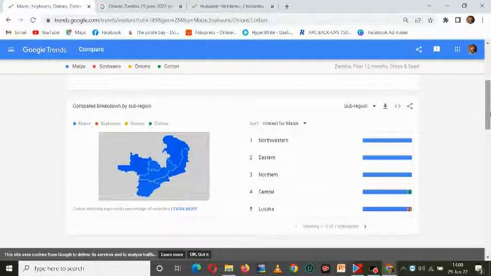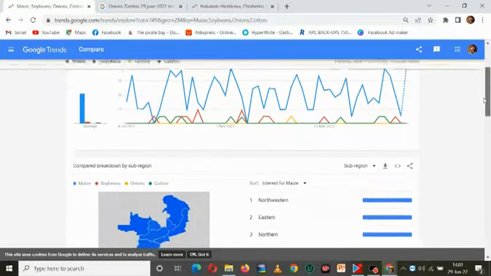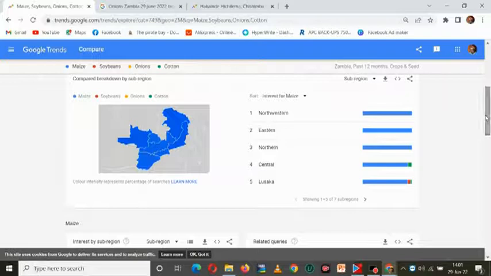And if they're interested in that, it means they want to do something about it. Since we were searching for crops and seed for maize, soybeans, onions, and cotton, in these regions of Zambia, which are provinces, it's very likely that people were interested in growing them.